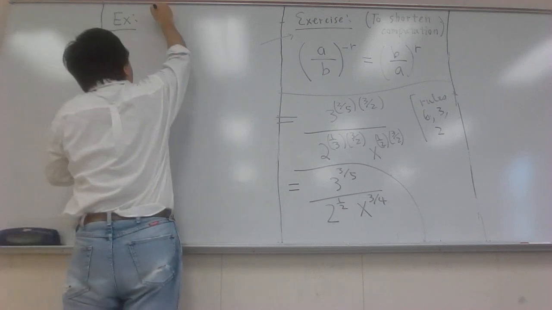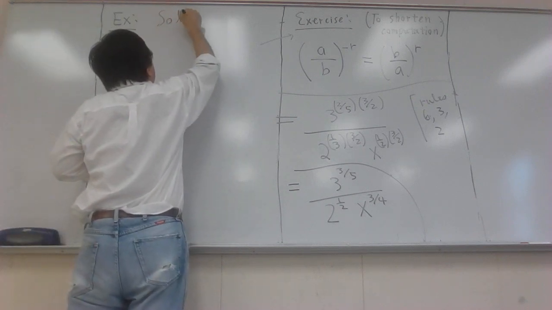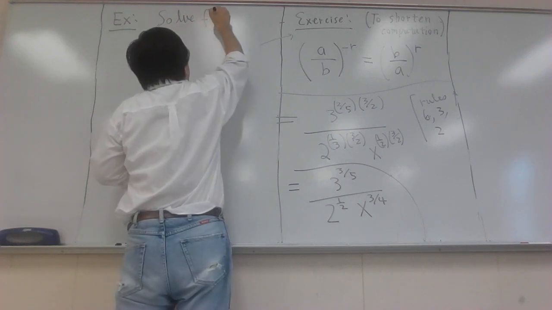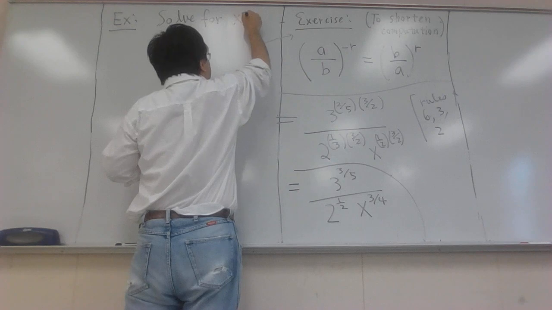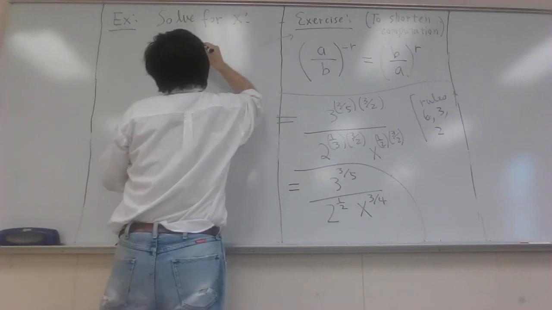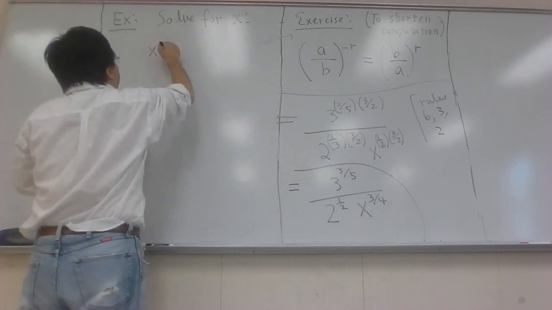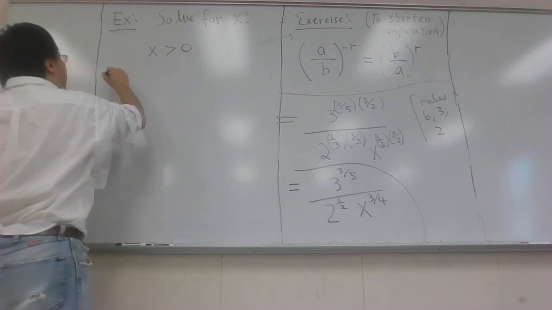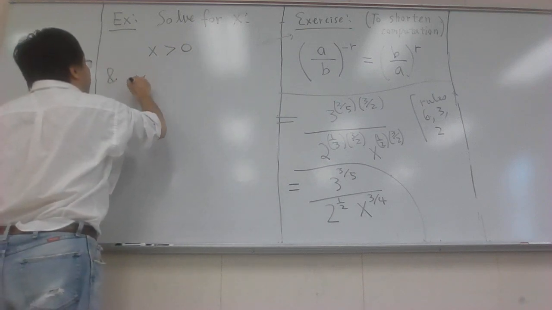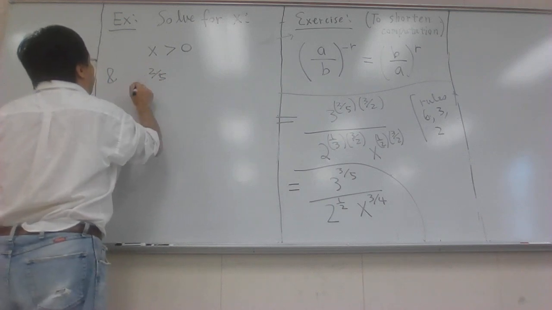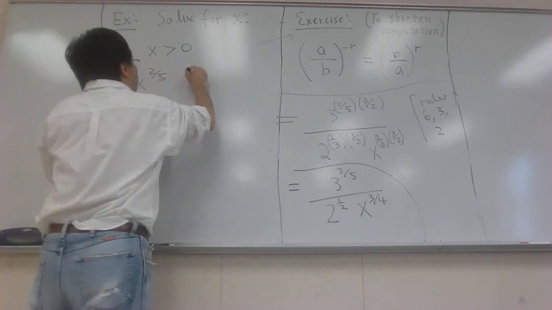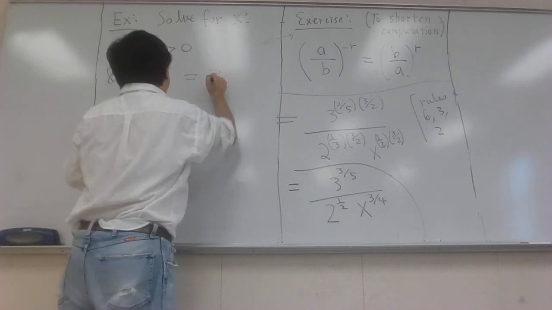Okay, so solve for x, where x is greater than 0, and x to the power of 2 over 5 is equal to 3.